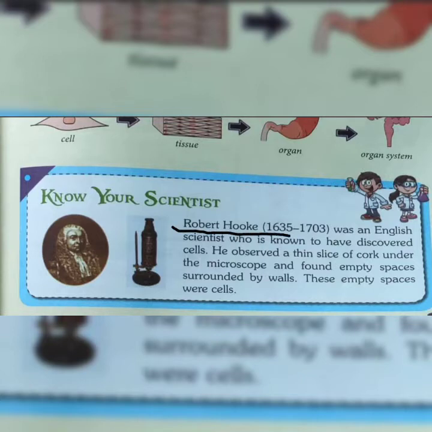Robert Hooke was an English scientist who is known to have discovered cells. He observed a thin slice of cork under the microscope and found empty spaces surrounded by walls. These empty spaces were what? Cells. Yes.